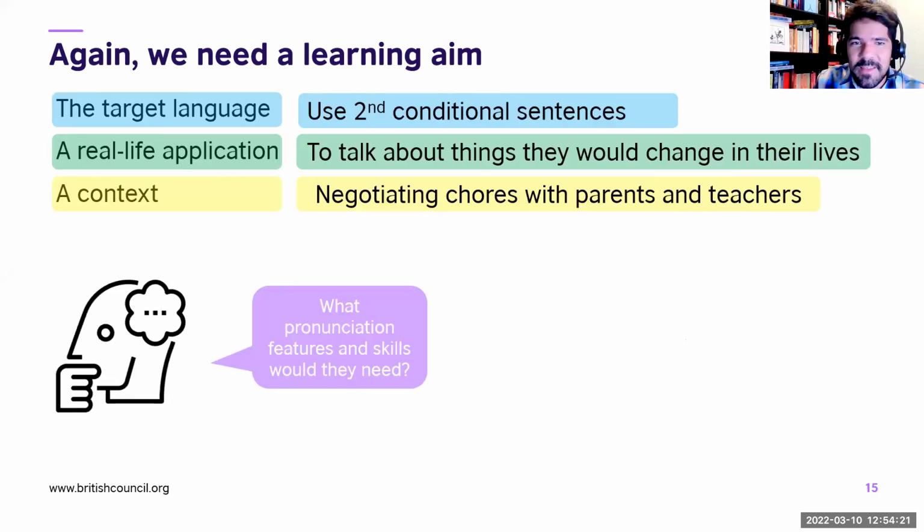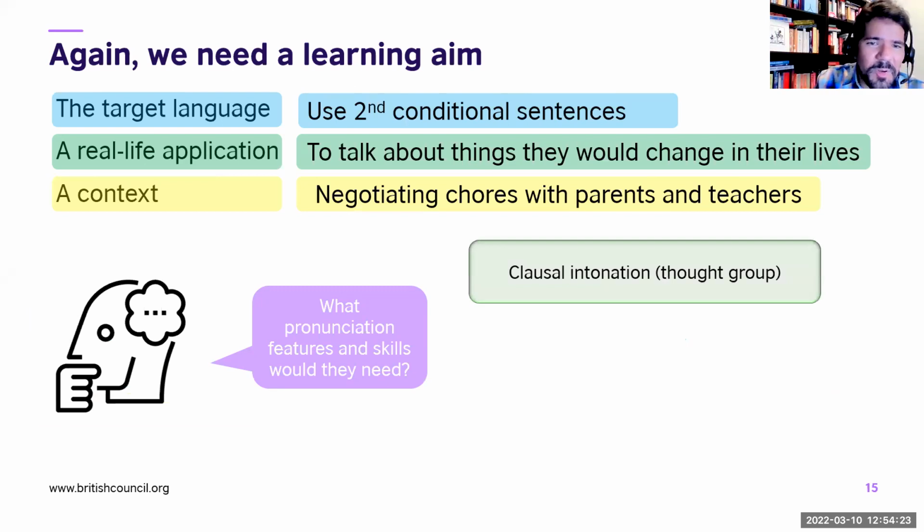So the question is pronunciation. What pronunciation features can we think about here? Negotiating with parents. If I did my homework on time, if I completed my homework, I'd go out, or I'd do whatever else. I wonder if clausal intonation would be a good pronunciation point to focus on.